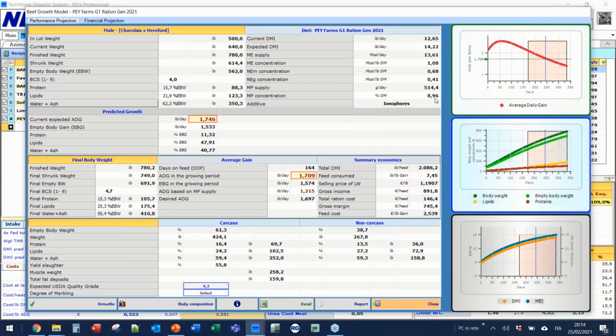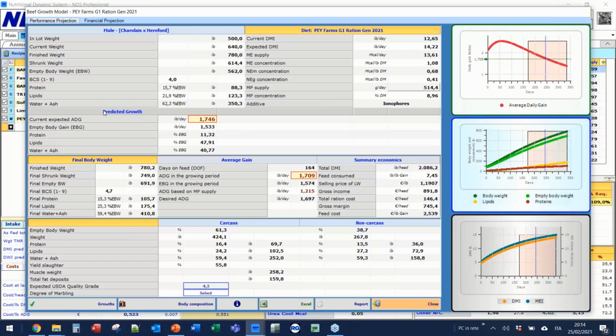We show here some characteristics of the diet: current dry matter intake, expected ME supply based on the CNCPS, metabolizable protein supply concentration, and whether we use additives or not.